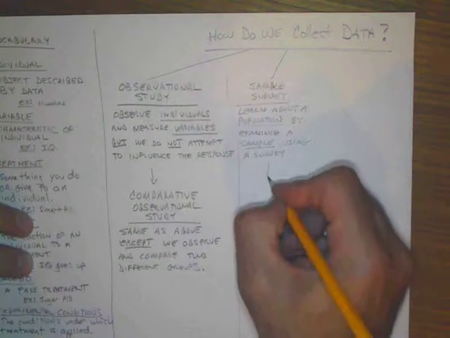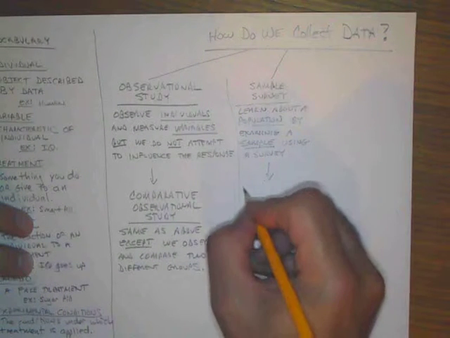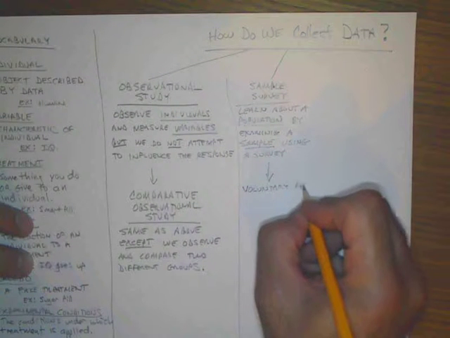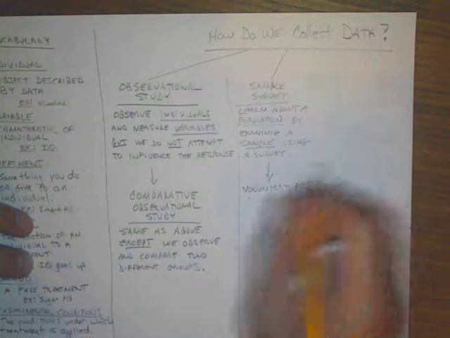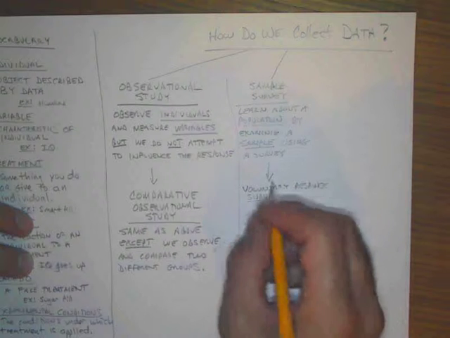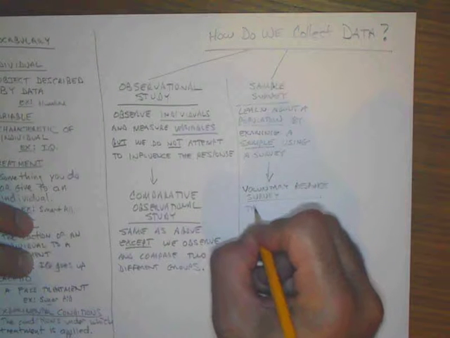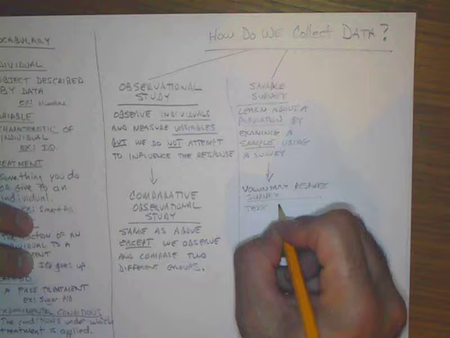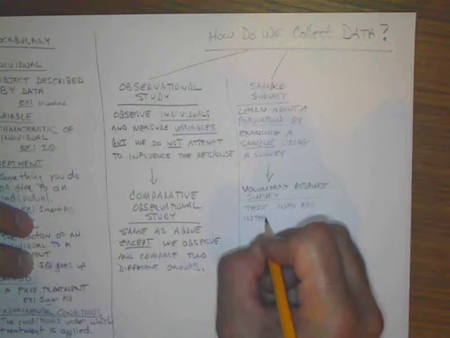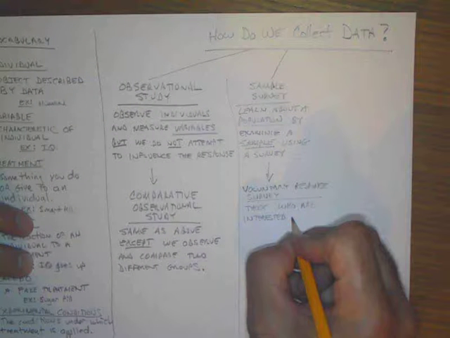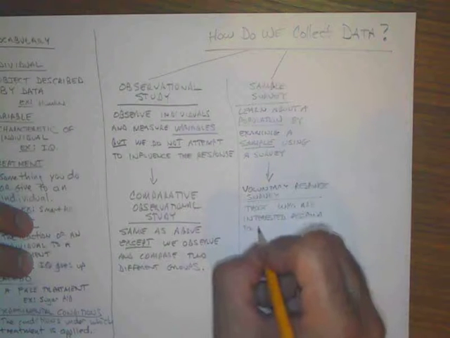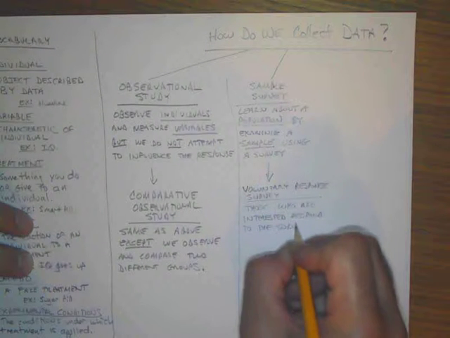Now, there are different types of these. The first is a voluntary response survey. And in this case, those who are interested respond to the survey.